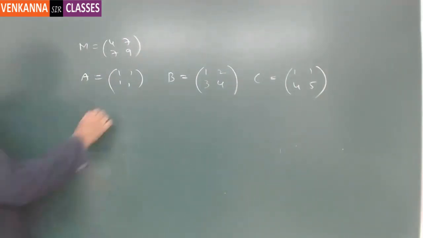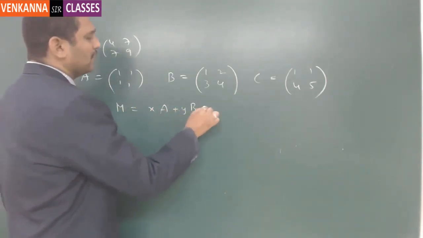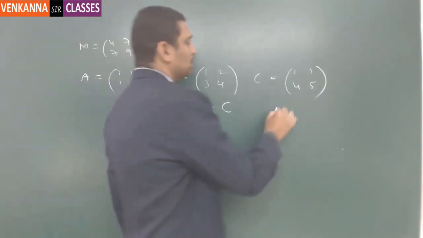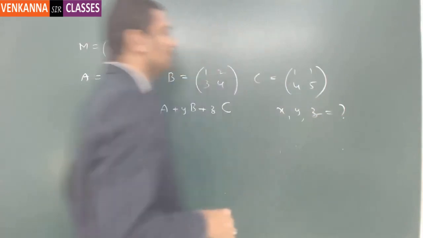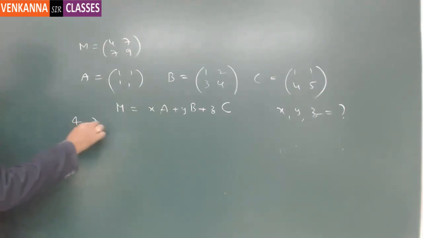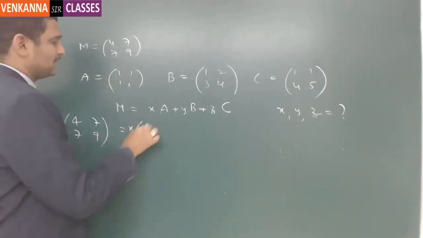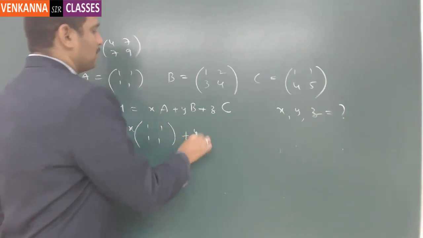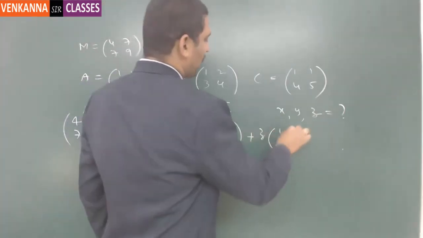So it is simply M is equal to x into A plus y into B plus z into C. I need to find what x, y, z are. So what are the scalar values of x, y, z that I want to find? If you simply substitute the values there, you will get x into 1, 1, 1, 1 plus y into 1, 2, 3, 4 plus z into 1, 1, 4, 5.